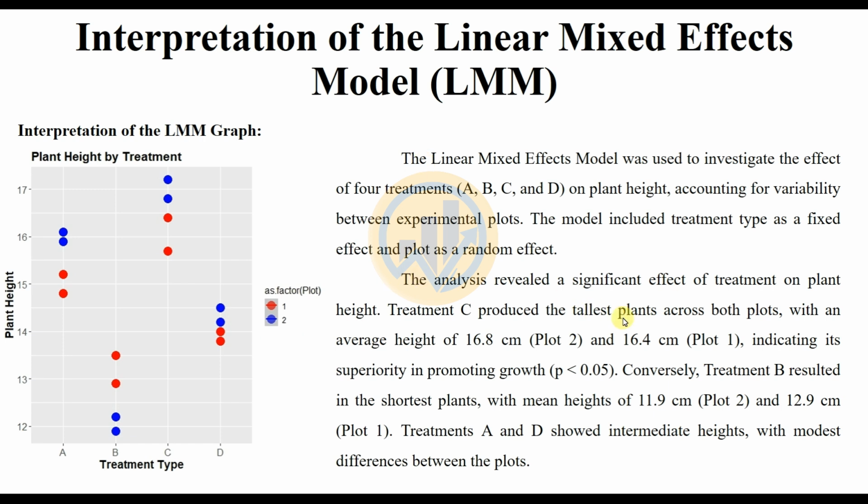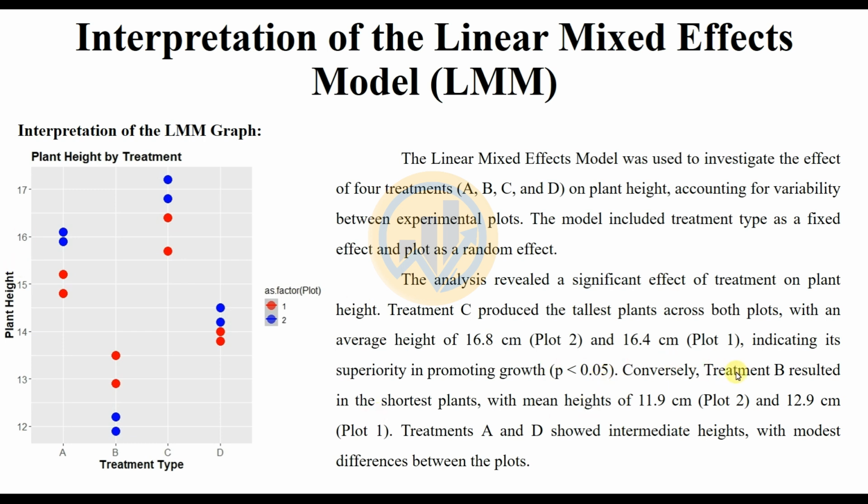Treatment C produced the tallest plants across both plots, with an average height of 16.8 centimeters in plot 2 and 16.4 centimeters in plot 1, indicating its superiority in promoting growth, with p value less than 0.05.